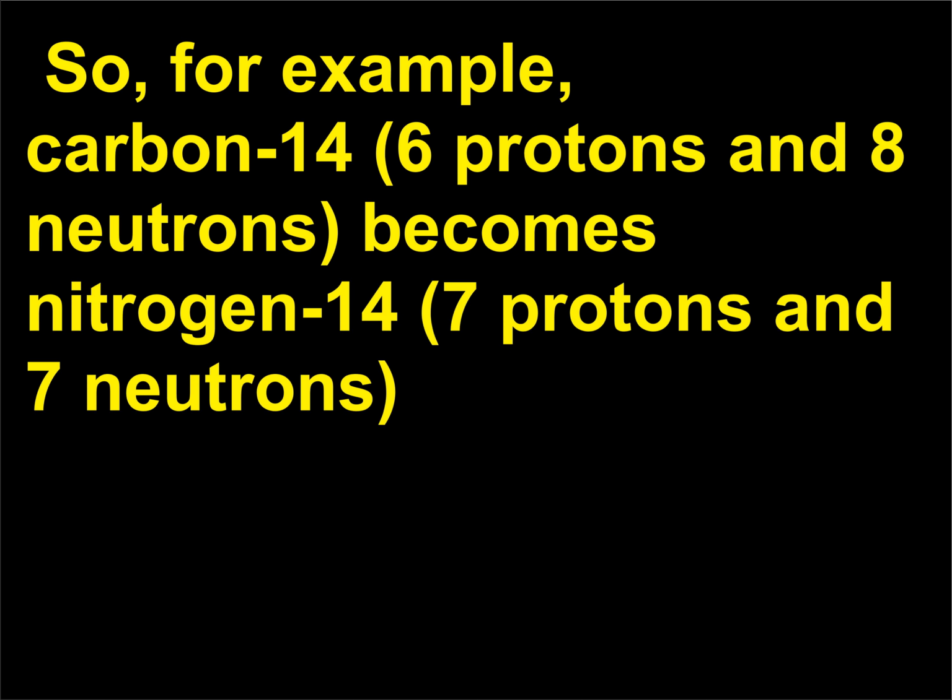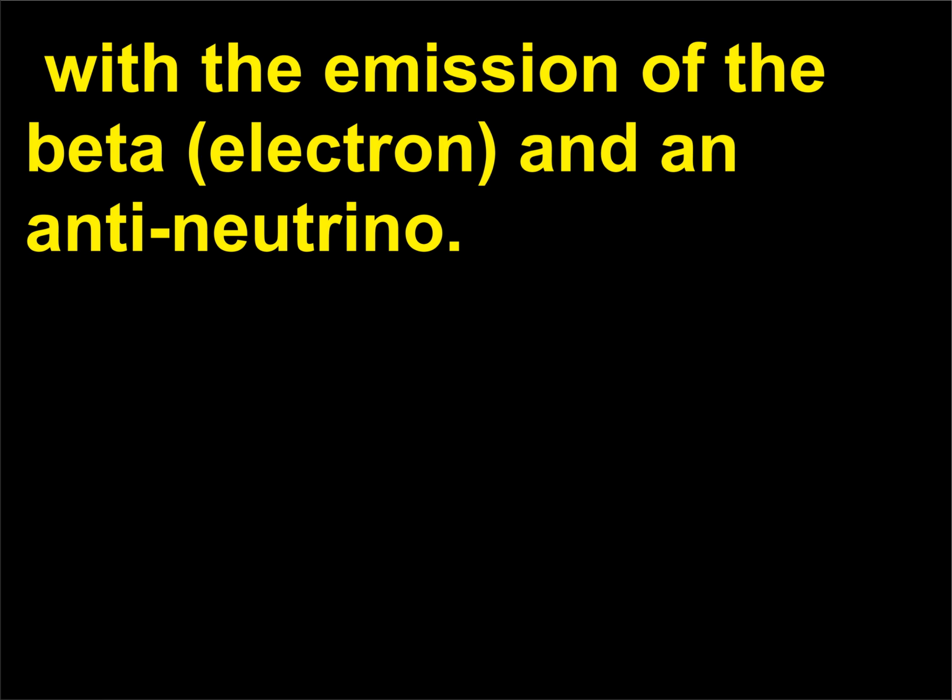So, for example, carbon-14, 6 protons and 8 neutrons, becomes nitrogen-14, 7 protons and 7 neutrons, with the emission of the beta electron and an antineutrino.